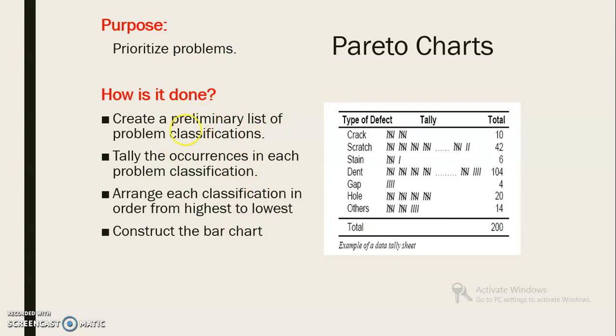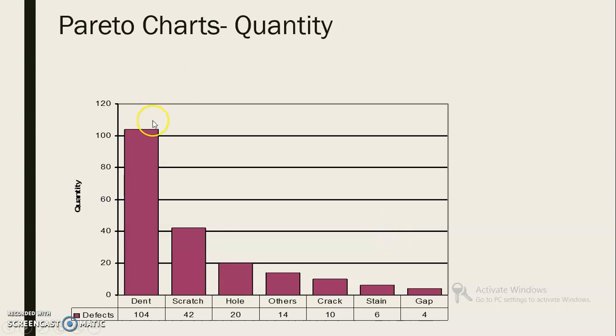Another example is put here. These are the defects on this shaft, and this is the count. If you observe carefully, dent is the major defect that contributes 104 of the jobs, and the least is gap, which is 4. Again if you draw this Pareto chart, we can observe dent is the major problem, followed by scratch at 42, dent is 104, right?